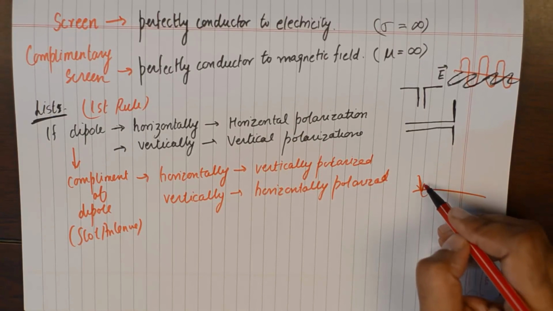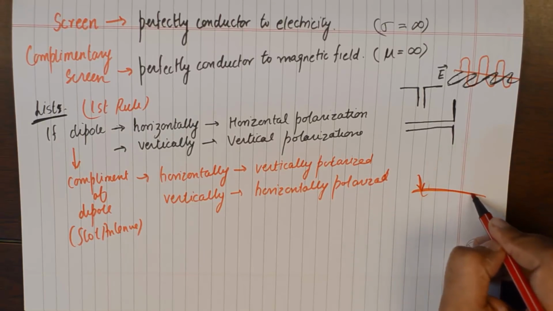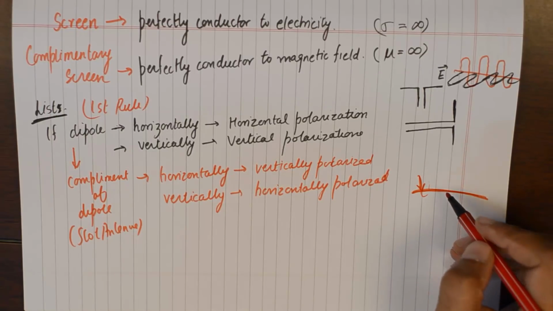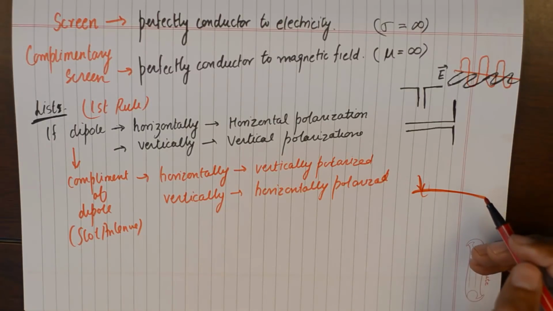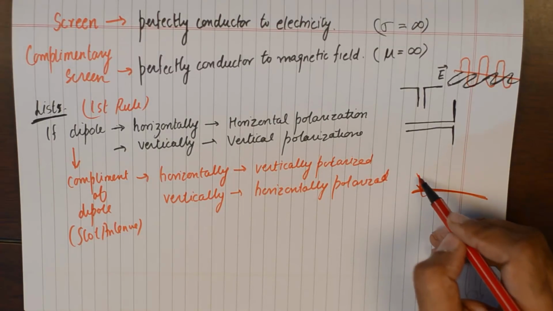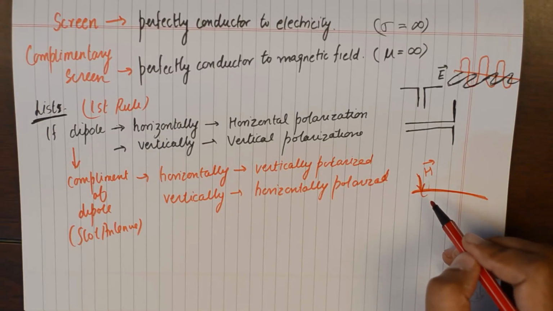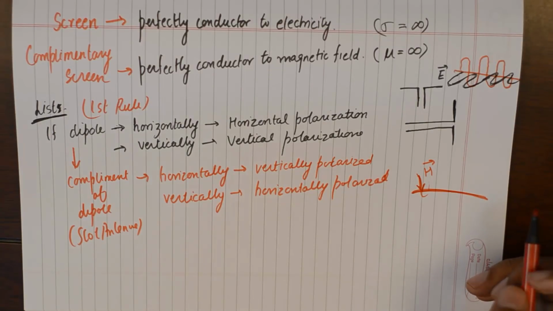Whenever magnetic field is perpendicular to a conducting wire or a surface as specified by the Ampere circuital law, all the energy from magnetic field will be dissipated as charge into the conducting medium.